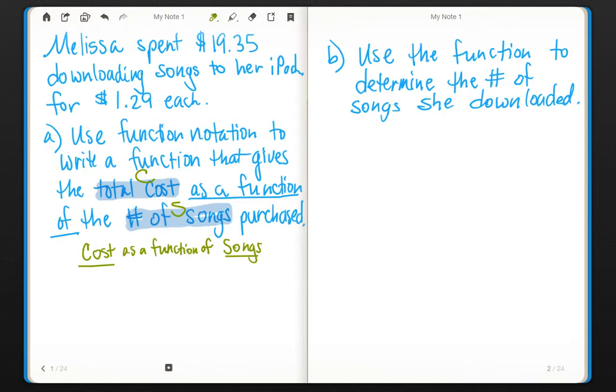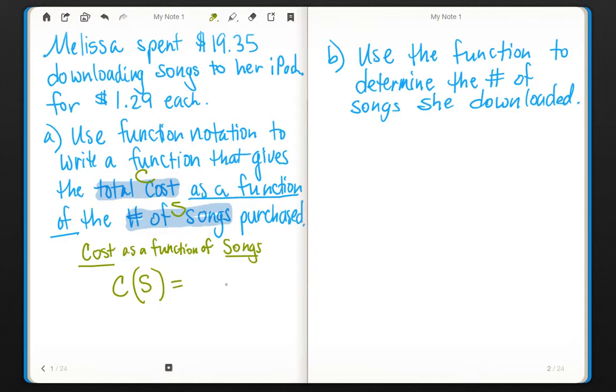Which one's the input? What's the independent variable that you put in? The songs. The number of songs is independent. That determines the cost. So the cost would be the dependent one. It depends on how many songs you buy. So we'll do C as a function of S, meaning the cost as a function of the number of songs.